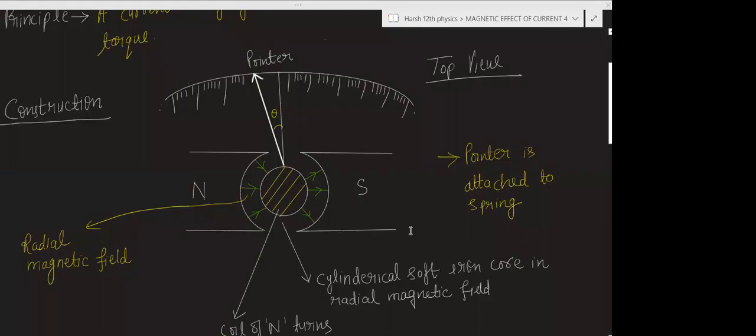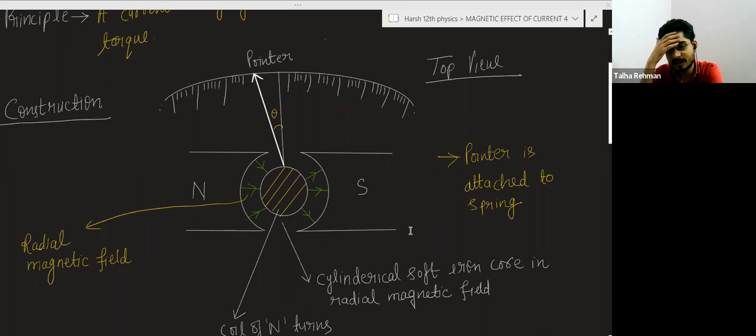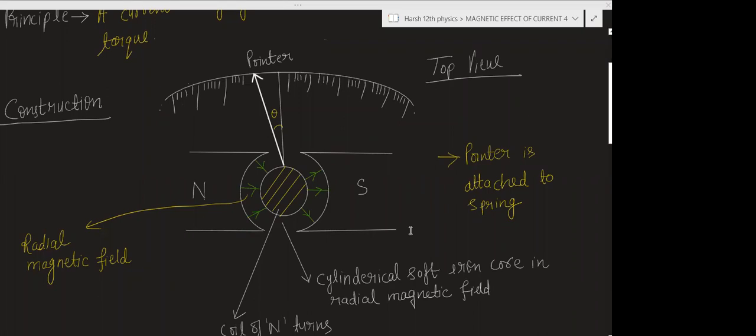Now the magnetic moment is in this direction, and due to the radial magnetic field, the magnetic field will also be in this direction. So this is the work of the radial magnetic field: to make the angle 90 degrees between the magnetic field and the magnetic moment.